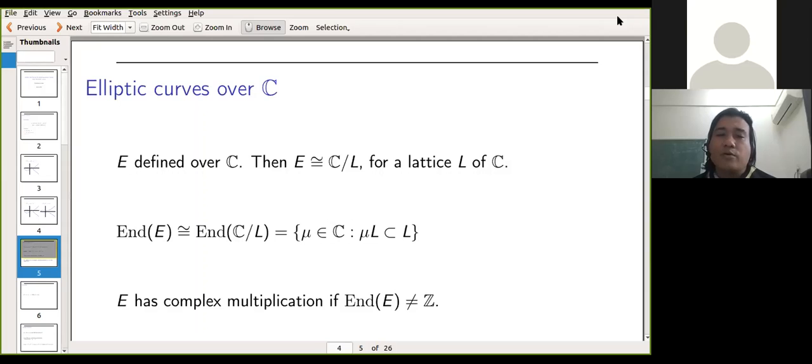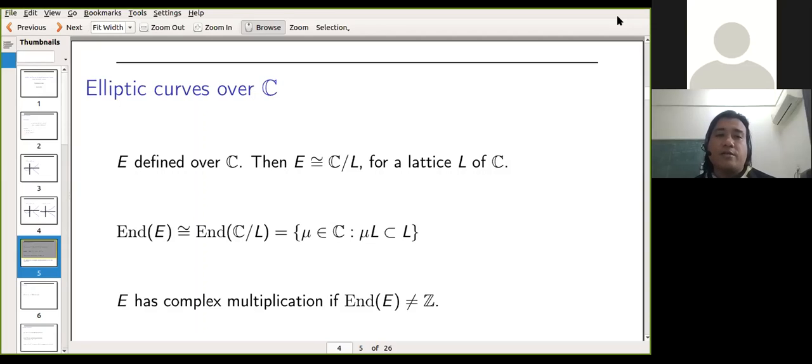As I said, L is the Z span of two generators in the set of complex numbers. So in no way can I allow rational numbers or real numbers inside C to get endomorphisms, because I demand that mu L is contained inside L. Okay, so the integers are there.